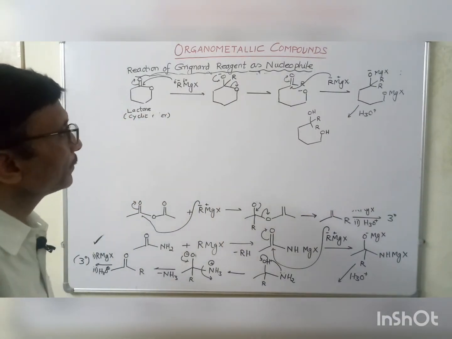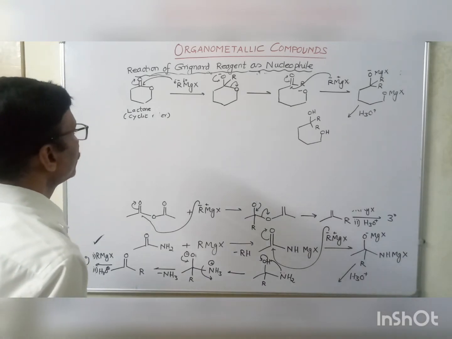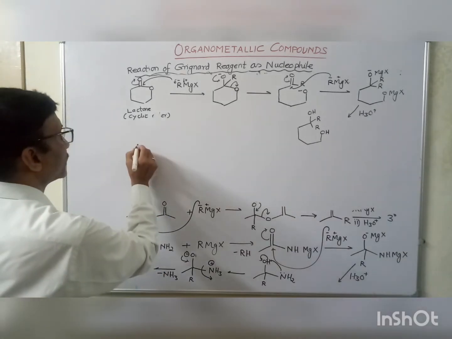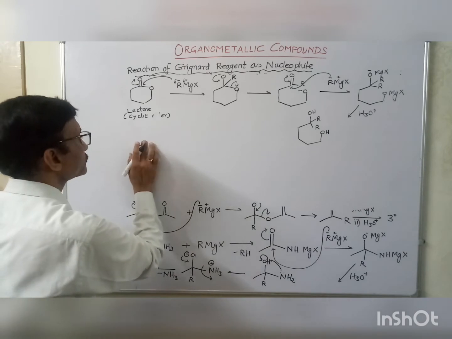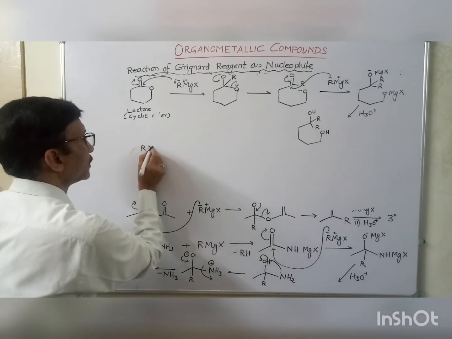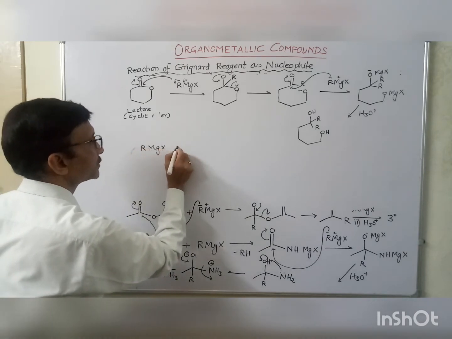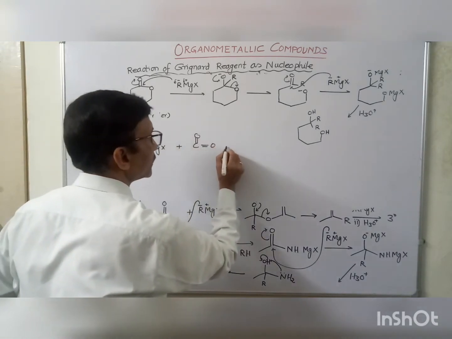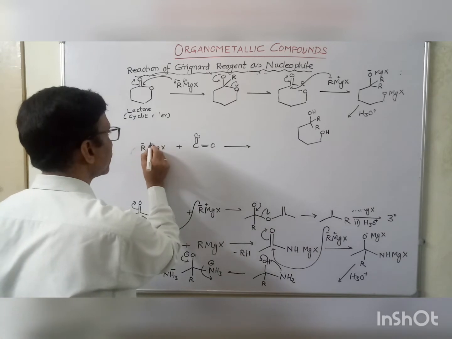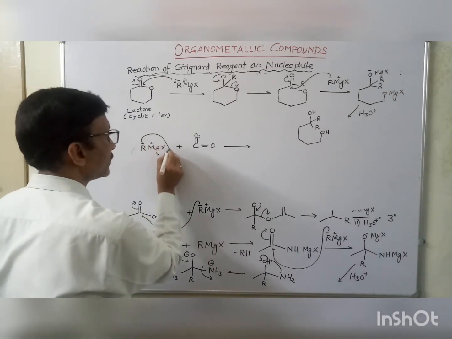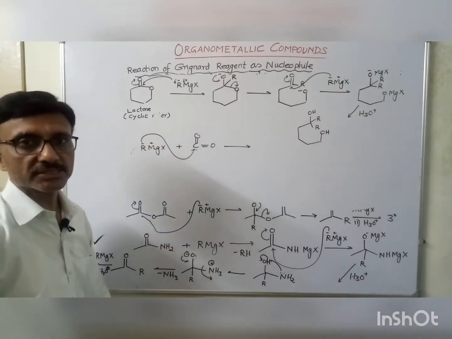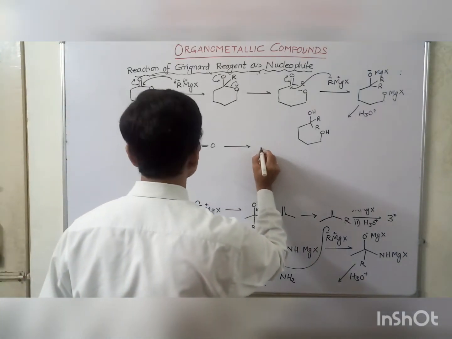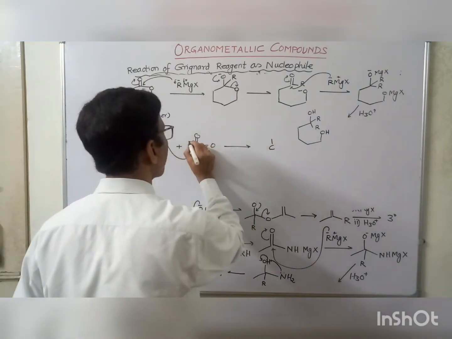In the same way, suppose it may react with carbon dioxide. Suppose if we have carbon dioxide, then on reaction with this Grignard reagent, that will be converted into acid in this case. So this would be converted into acid.